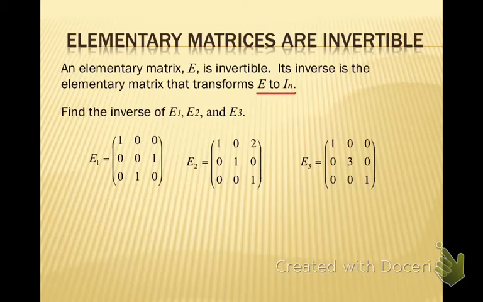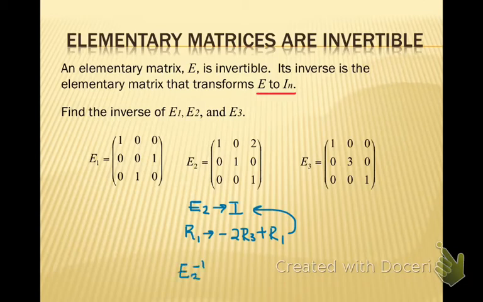Now let's see how we find the inverse for E2. To go from E2 to the identity, we have to perform the row operation that row 1 goes to minus 2 row 3 plus row 1. If we perform this row operation on the identity, we get the inverse.